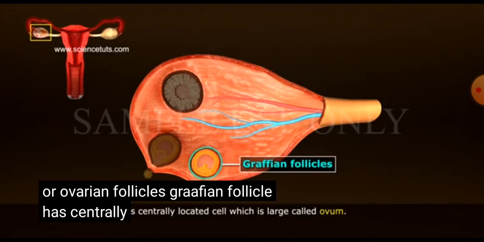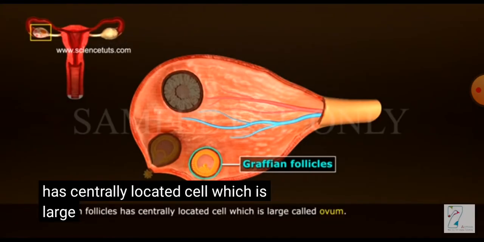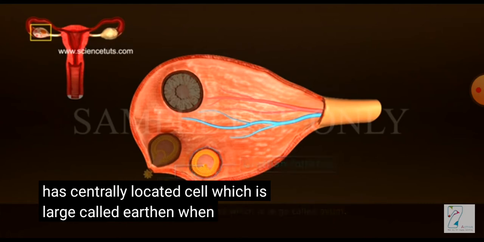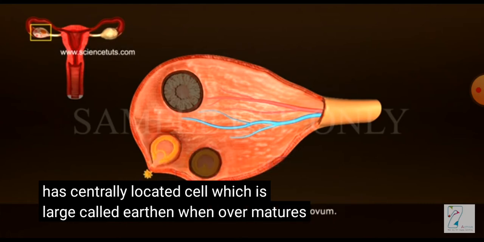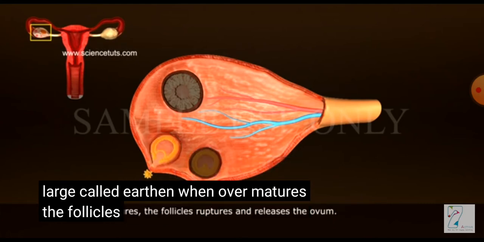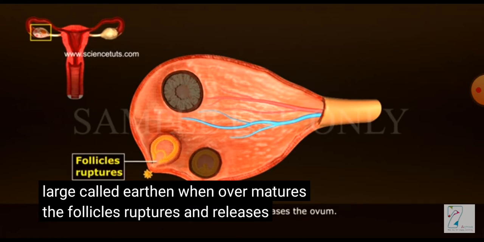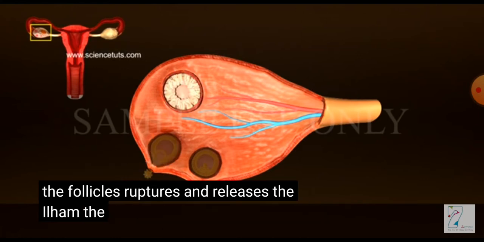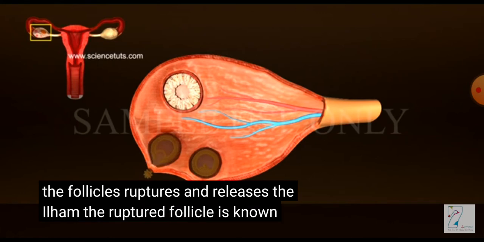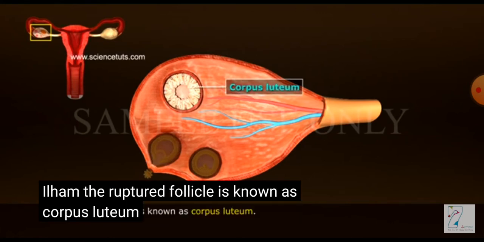Follicles has centrally located cell which is large called ovum. When ovum matures, the follicles ruptures and releases the ovum. The ruptured follicle is known as corpus luteum.